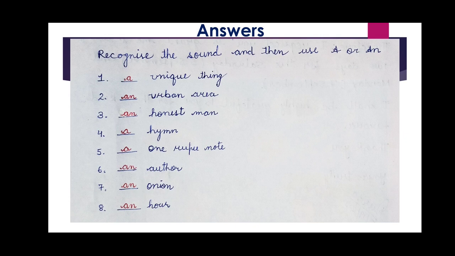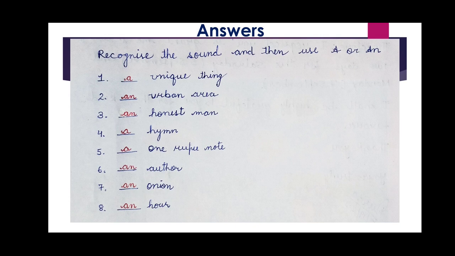Number 4, hymn, a hymn, consonant sound. Number 5, a 1 rupee note, w. It is again a consonant sound, though it is starting with a vowel letter, but the sound is of a consonant. Number 6, an author, o sound is there at first, so we will use an author.